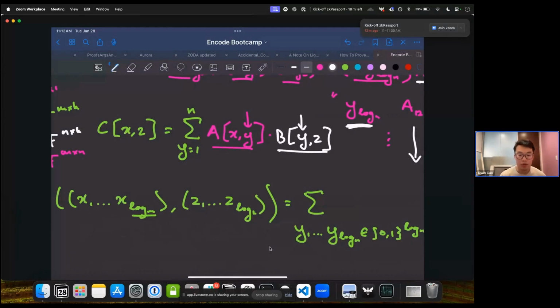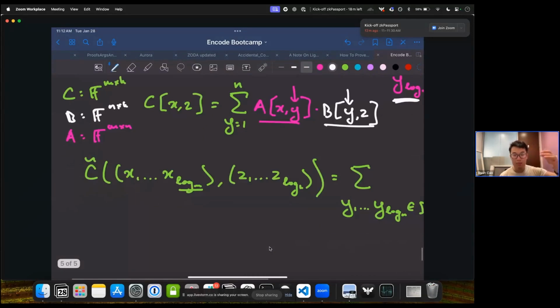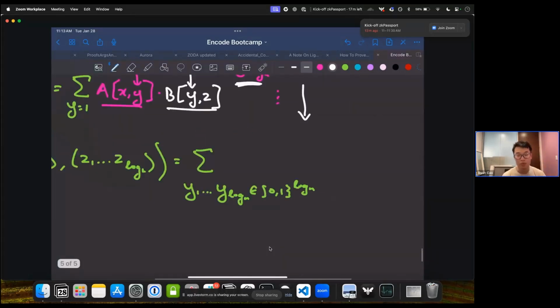Okay, so now we will try to extrapolate this into the multilinear setting. Very similarly to the above, instead of x and z being decimal indices, we now have the variables x1 through x log m, which are binary indices, and z1 through z log k, which are also binary indices. And these should equal the sum over y1 through y log n, which are also binary indices.